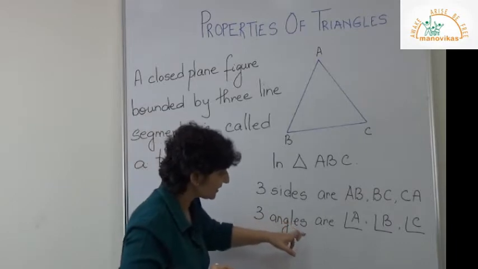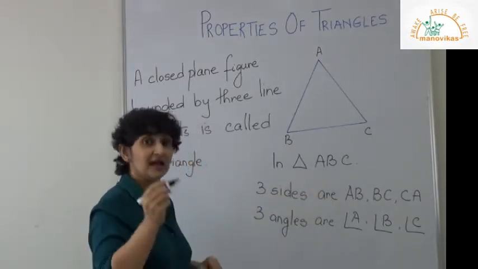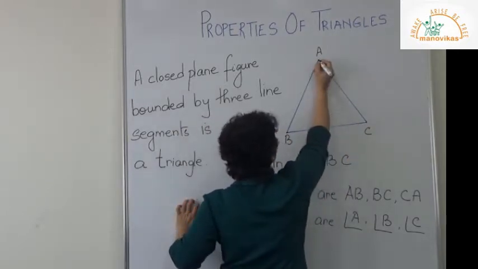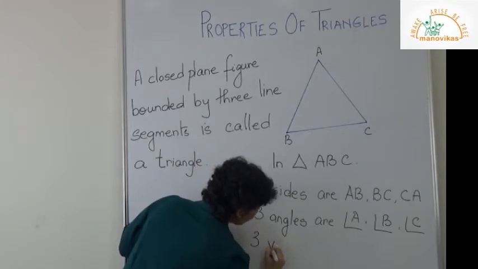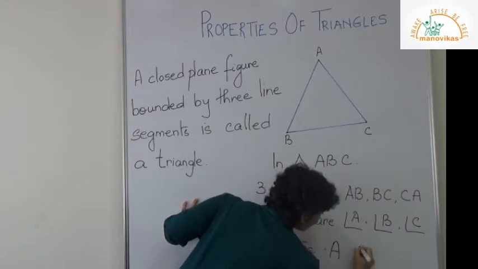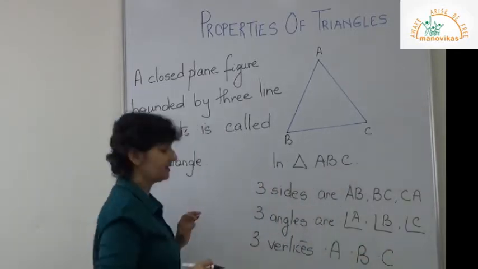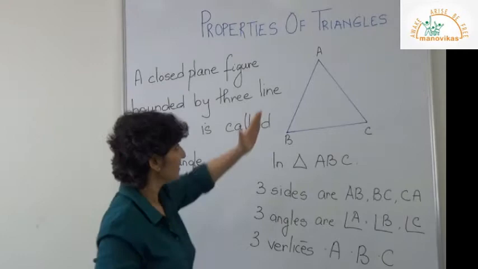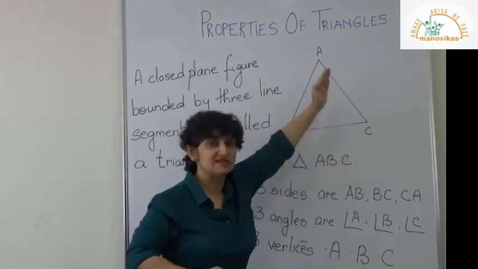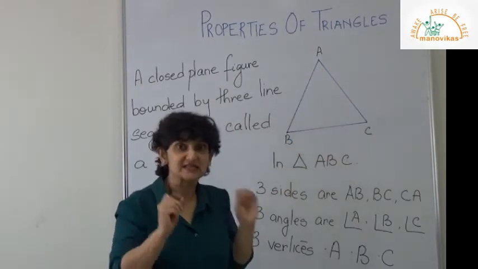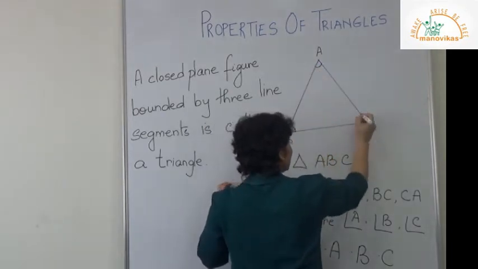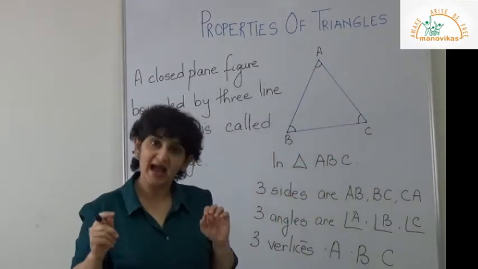And it has three angles: angle A, angle B and angle C. And also three vertices: point A, point B and point C. So, did you understand? AB, BC, AC or CA are your sides. Then angle A, angle B and angle C are your angles.